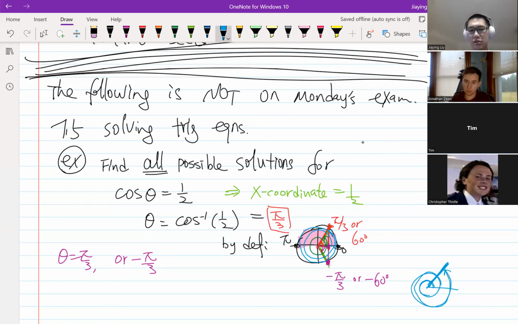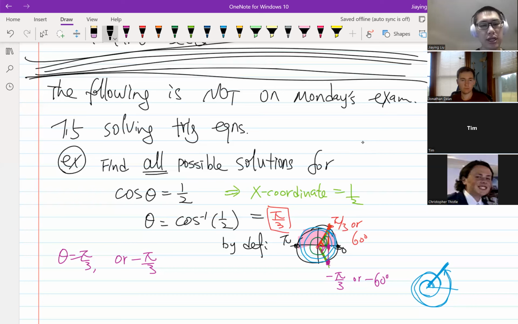We could do the same thing to negative pi over 3 by just adding 2 pi each time, a full circle each time. We always end up with the same terminal side, and that gives us the same cosine value. So in order to find all the possible solutions, we just find the angles on the circle, and then add multiples of 2 pi.